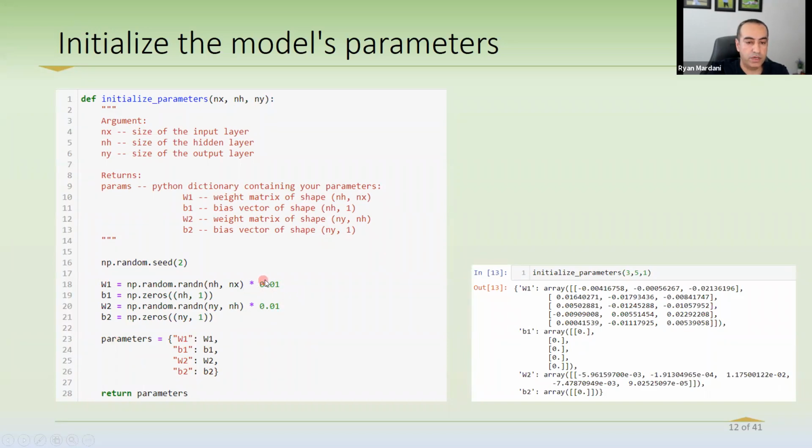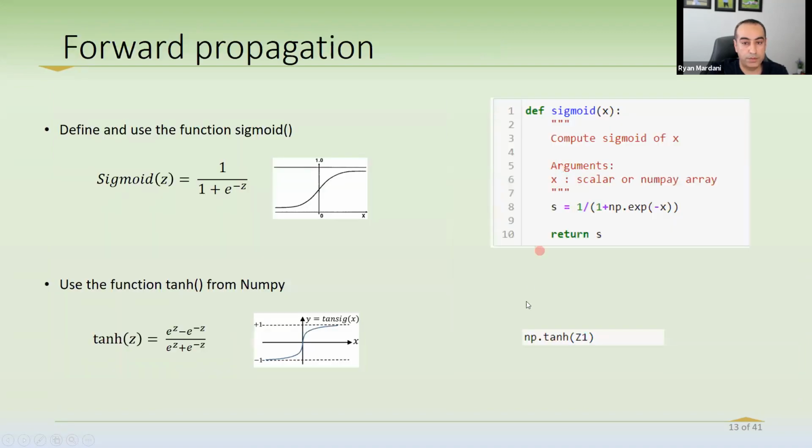And remember, we are multiplying it by 0.001, which is for calculation speed up. Calling this function here, we have 3 inputs, 5 nodes in the first hidden layer, and 1 for the last one. You see here that we have W1, which is 5 by 3, B1 5 by 1, W2 1 by 5, and then B2 is going to be 1 by 1.